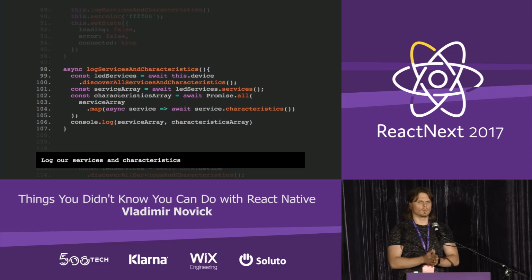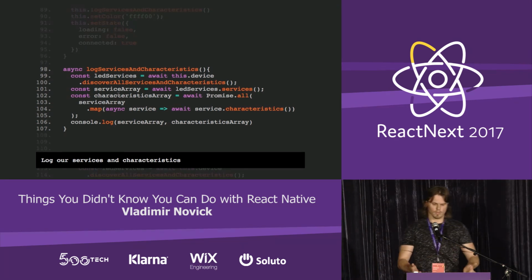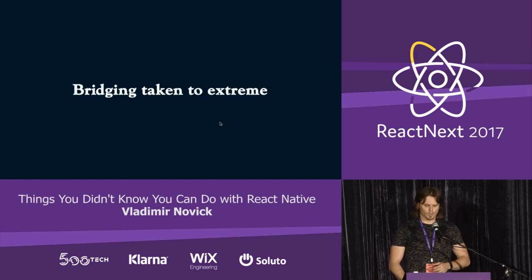Of course, it can be done by chaining promises. And finally, I log my services array and log my characteristics array, so I have the data. I know that in this specific light bulb, only one characteristic can be written, and basically it works, right?